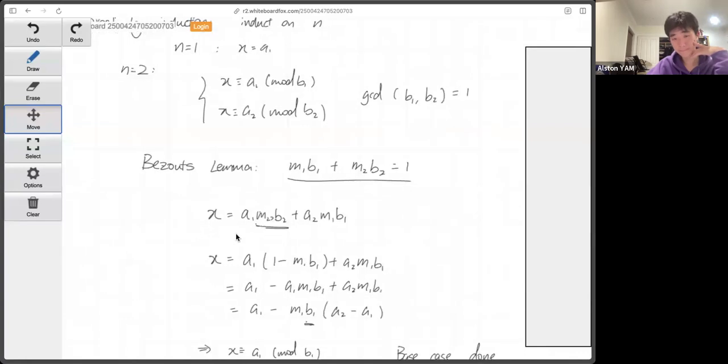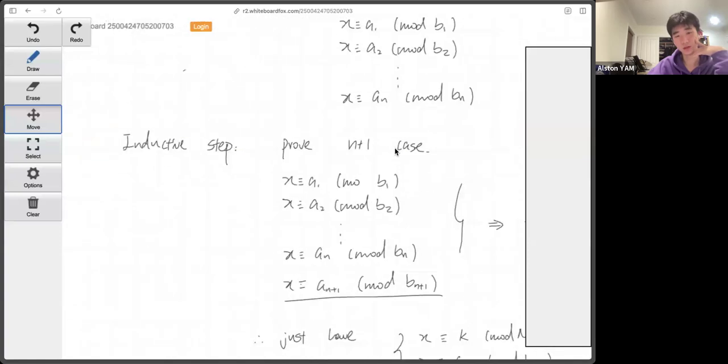So n equals 2. We had this construction which worked. We want to find two values, m1 and m2, such that Bezout's lemma holds.